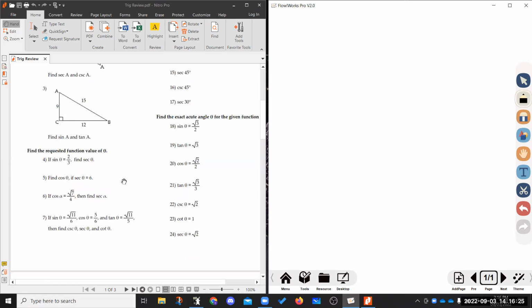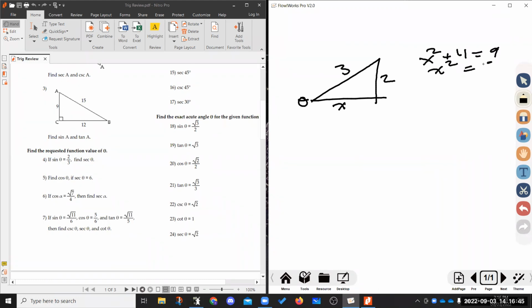If the sine of theta, I'll put theta in my lower left-hand corner here, is 2 to 3, find secant of theta. So we're going to use the Pythagorean theorem to say that x squared plus 4 is equal to 9, x squared is equal to 5, x is equal to the square root of 5.